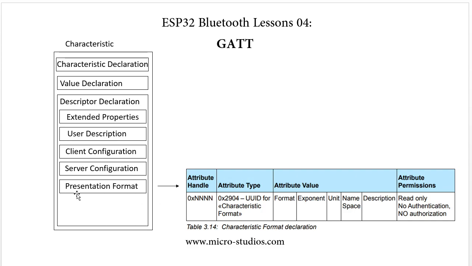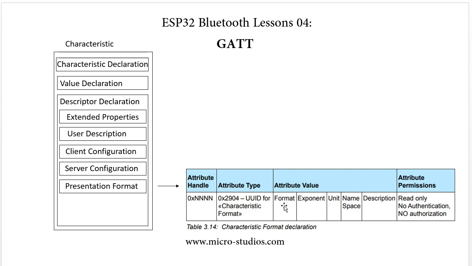Next is presentation format. This one is very important. Once we find the UUID here is 2904, we know that this group of data is for the presentation format.